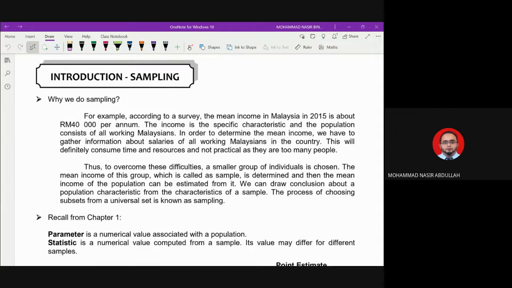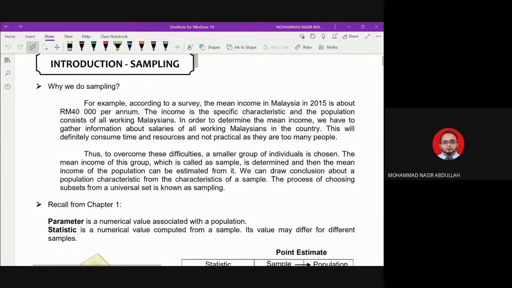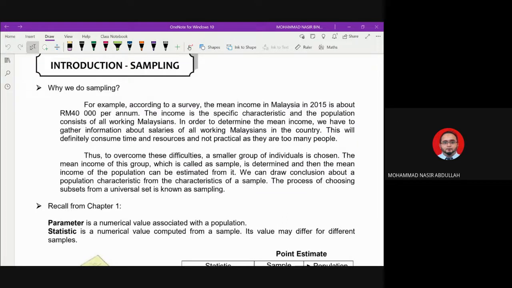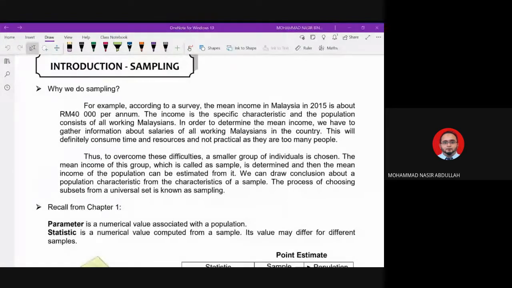We have two types of sampling, which are random sampling method and non-random sampling method. Under the random sampling method, we have learned 5 methods actually: simple random sampling, stratified sampling method, systematic sampling method, and then cluster and multi-stage, right?